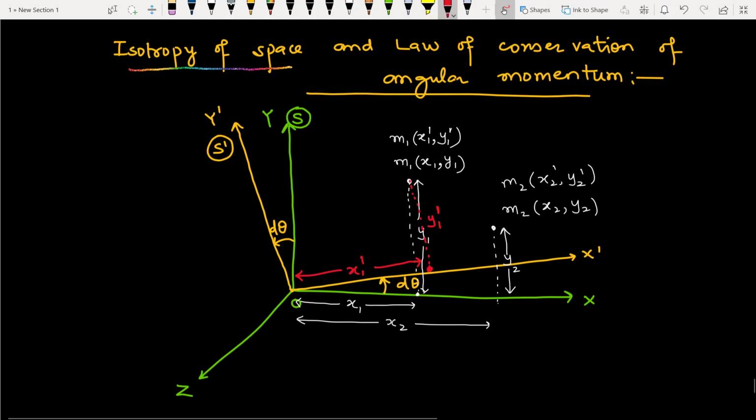That can be obtained by drawing a perpendicular here. So it will be x2 dash, this will be y2 dash. Now we are to correlate these coordinates of the particles having masses m1 and m2 between the two frames of reference S dash and S.